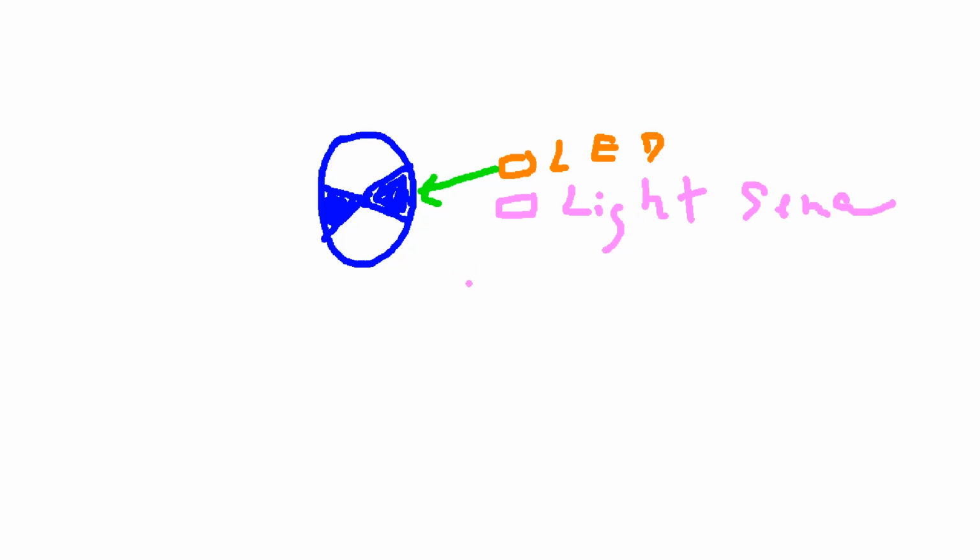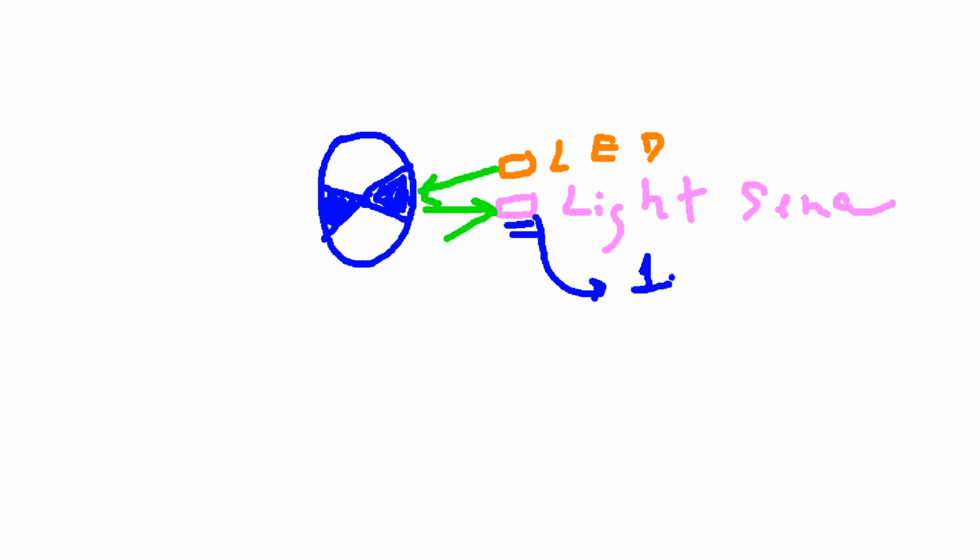I mean, when the light hits this plate and some reflected light goes back to this sensor, the sensor detects it and gives a logic 1 output.